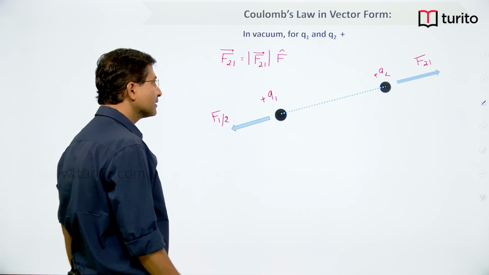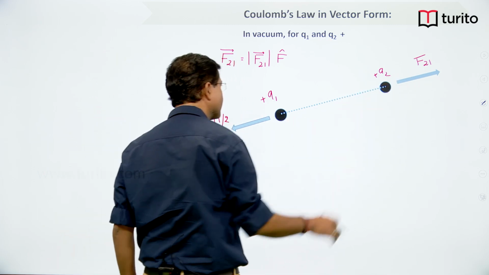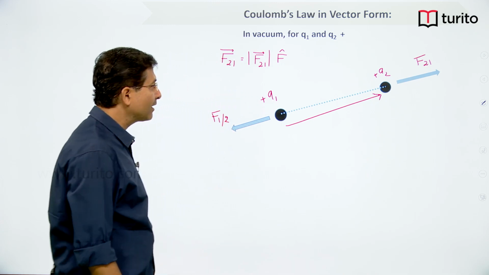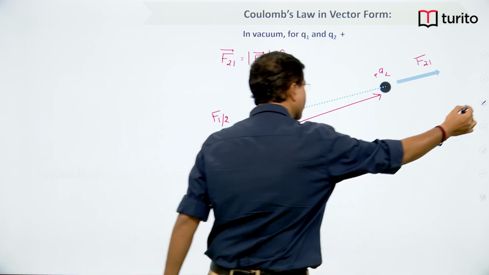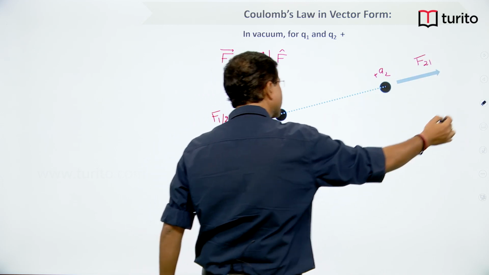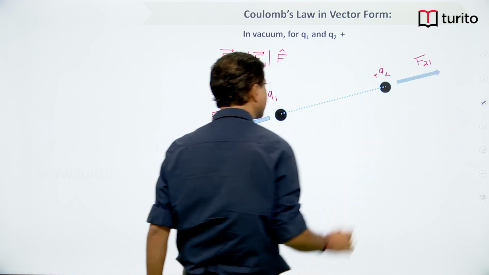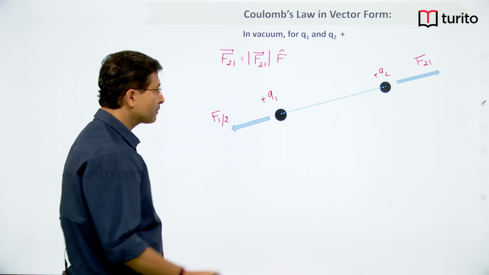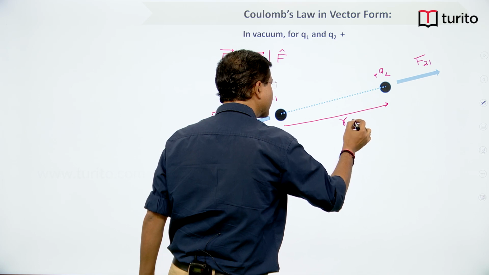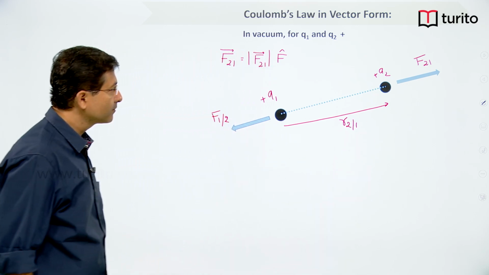Now, you can see the direction of the force is along the direction of the position vector of the second particle with respect to the first one.